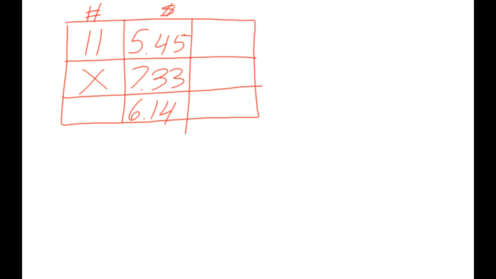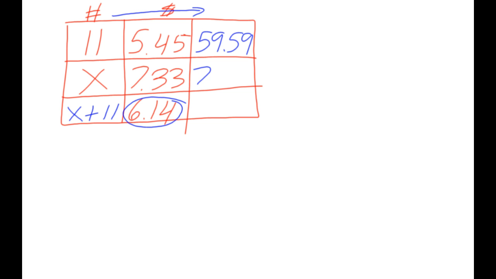So here, everything that I've done so far is from the word problem. Now what I'm going to do is I have X plus 11. I'm adding them together, and I need it to equal the $6.14. I'm going to multiply these numbers across. So the 5.45 times 11 is 59.95.